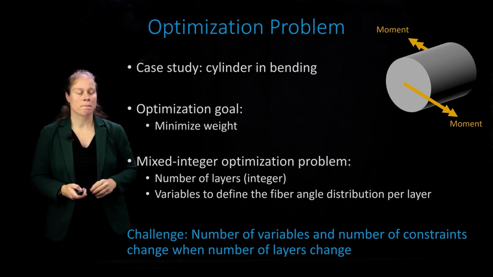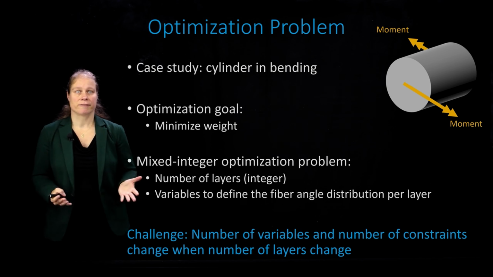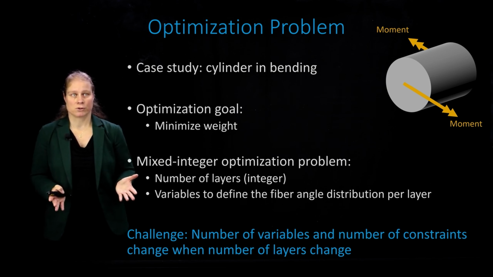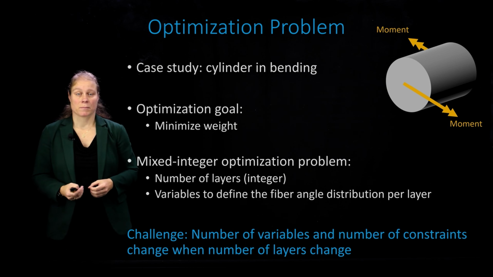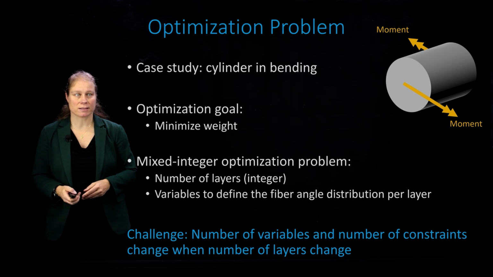So for example, the baseline cylinder had 24 plies. Then I looked at one where I had 23 plies, ran the optimization for that, ran the optimization for 22 plies, etc., until I could no longer find a feasible solution. It's extra work to set up all these problems, but it is one practical way of solving it.